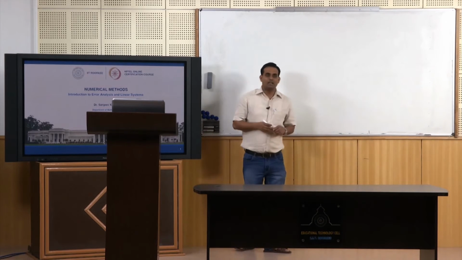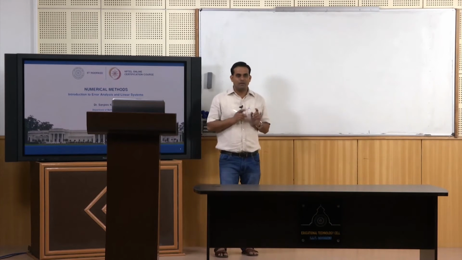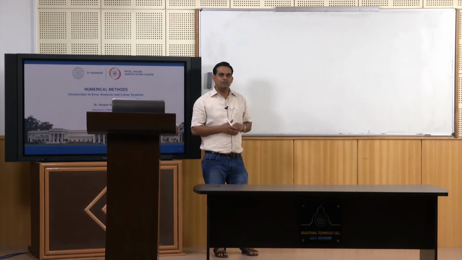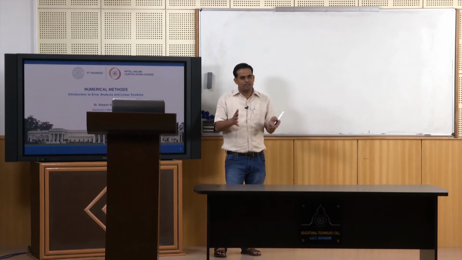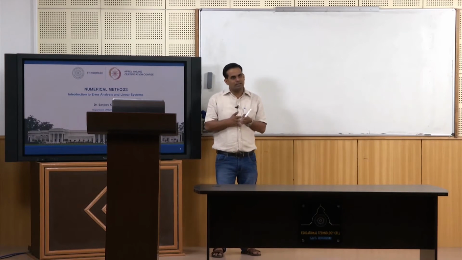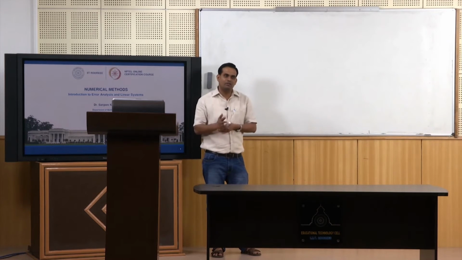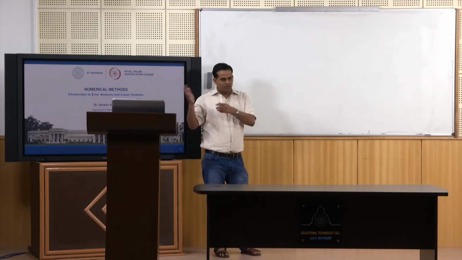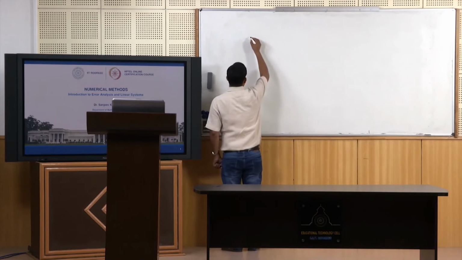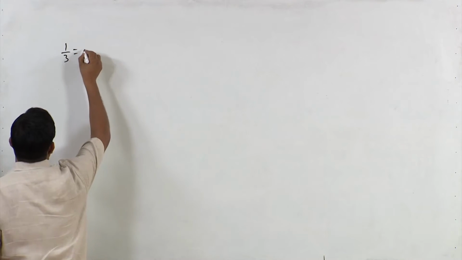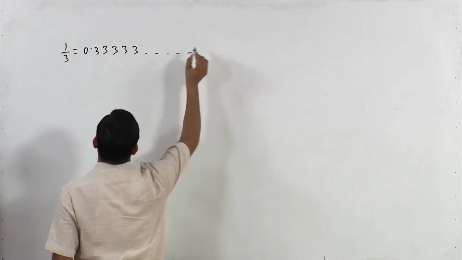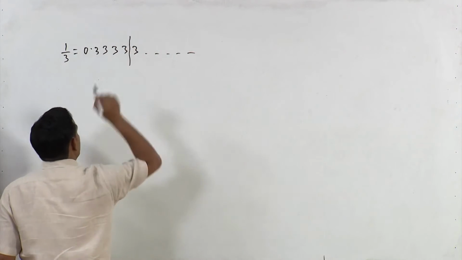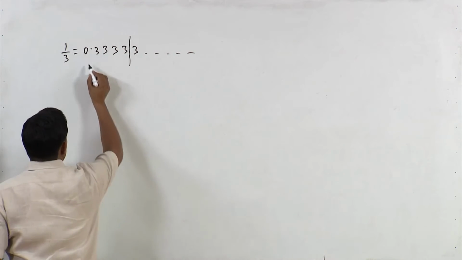Now, as I told you, the computer can perform the computation with a finite number of digits. So after the finite digits, if the number has more digits, what do we need to do? We have to cut down those digits, as I gave the example of 1 by 3, that is 0.3333 and so on, and suppose I have taken only this portion.